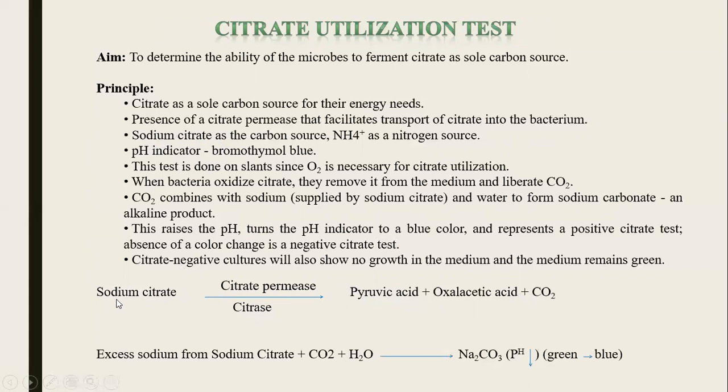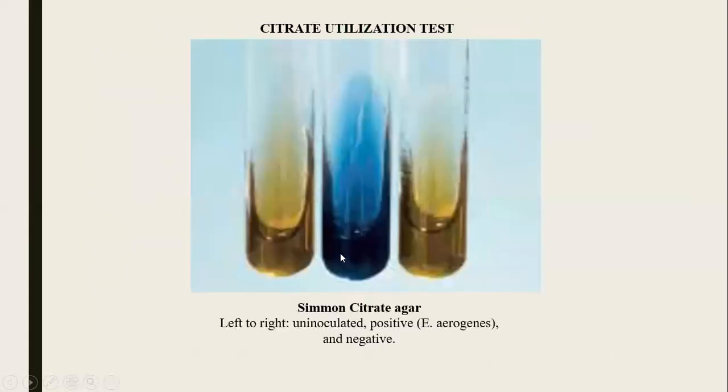The utilization of sodium citrate as a source of carbon is detected by bromothymol blue indicator. If the medium changes its color to blue, that indicates positive. No change in the color indicates negative. Here you can see the organisms inoculated in Simmons citrate medium, containing sodium citrate as a source of carbon.